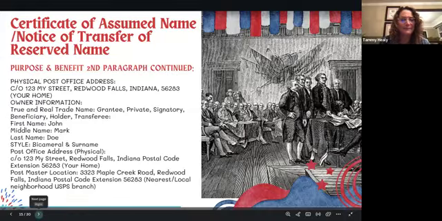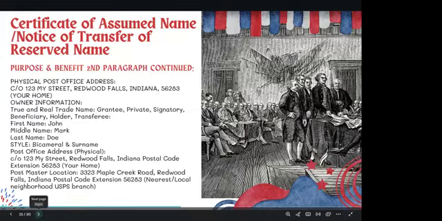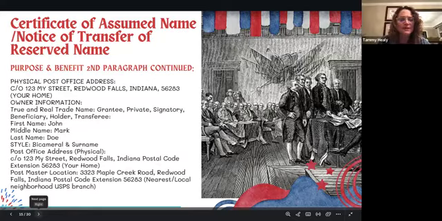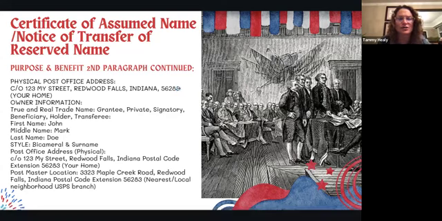Go ahead, Nelson. Just a quick question. Do you have to write that owner information on the envelope? No, true and real trade name, this is going over the second paragraph in the certificate of assumed names.